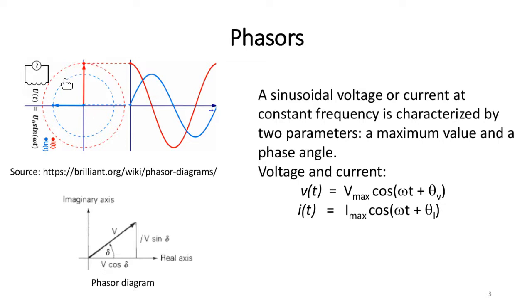They are rotating. If they are rotating anti-clockwise, it means that the blue one, the voltage, is leading the current, because we are rotating anti-clockwise this way.